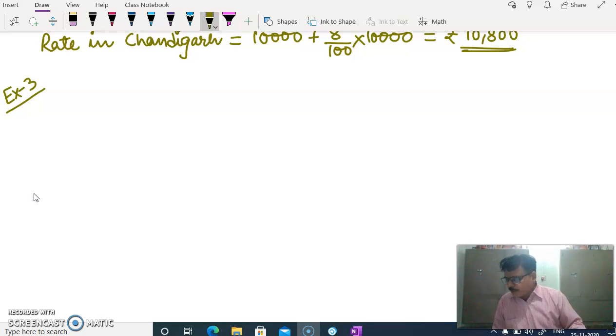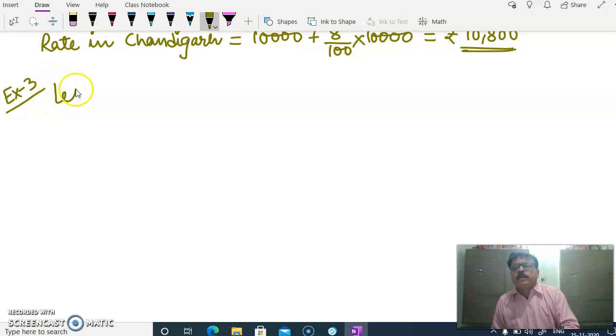Now the third example is related to this only. If the GST is decreased from 28% to 18%, a consumer has to pay 600 less for this. Find the MRP.